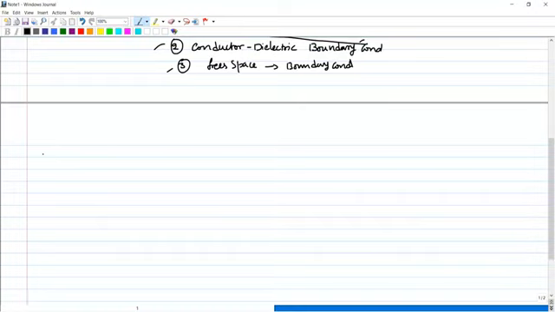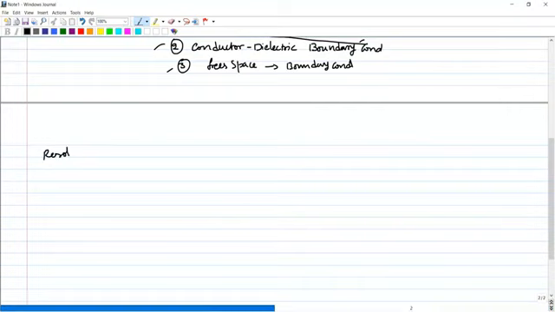First we will see resolving of components. Suppose you have one vector quantity, let it be A.